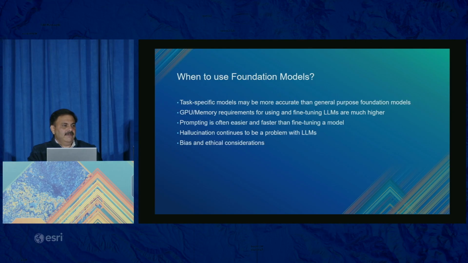AI needs a human in the loop to review, and because we are solving very critical problems for people, we need to have that human oversight. And these models, because they are trained on internet scale data, some of those biases carry over to these models. So we have to be aware of that and see where bias may have crept in and address that.